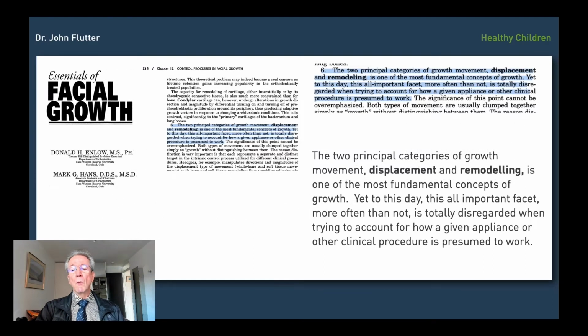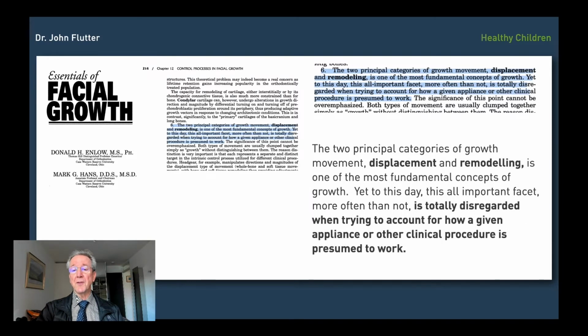And so what Enlow goes on to say is that these two processes, although that is the fundamental process of facial growth and development, are really totally disregarded when trying to account for how a given appliance or clinical procedure is presumed to work.